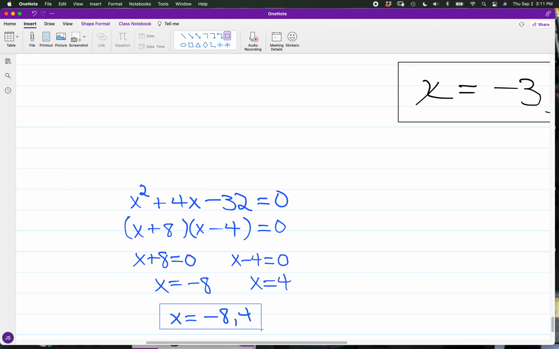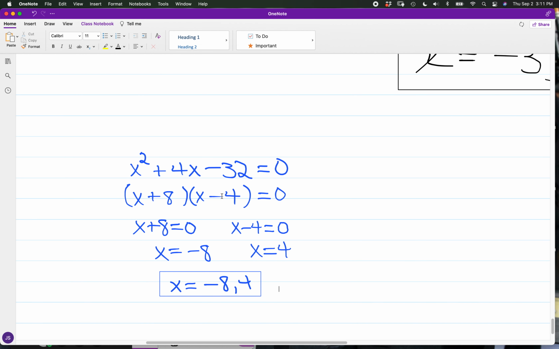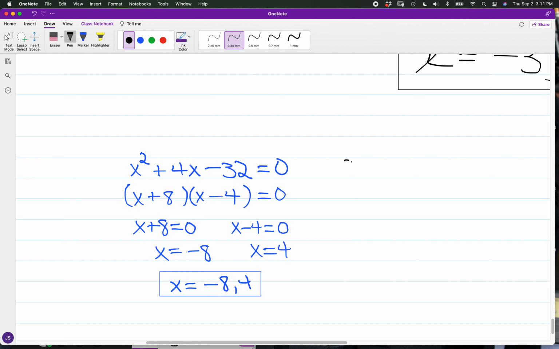Now let's say I keep the coefficients and I take an equation that is quadratic in form. Say instead of x squared, I'm going to go with x to the 4th once again. So I have x to the 4th plus 4x squared minus 32 is equal to 0.